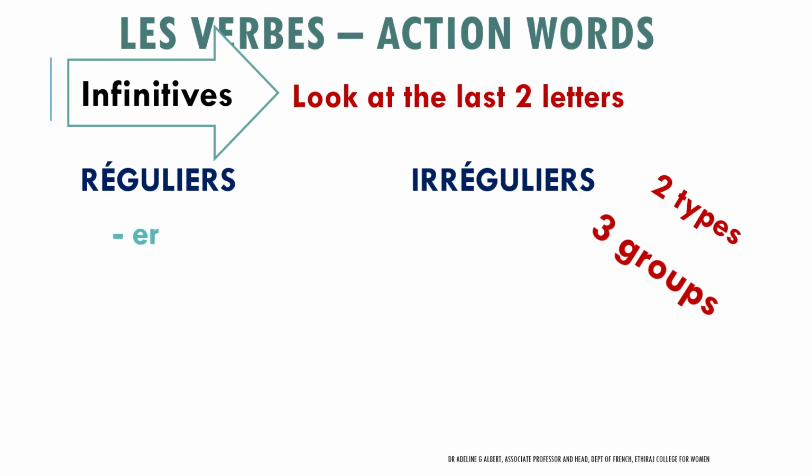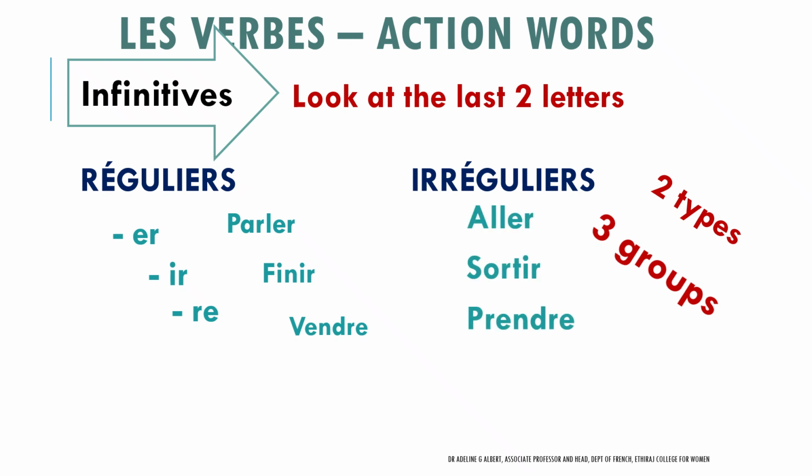These last two letters will let you know whether it's an ER verb, like parler; an IR verb; or an RE verb. This identification helps in conjugating regular verbs because now you know there's a pattern. If you know it's regular, there's a pattern you apply to convert the infinitive into an action word.